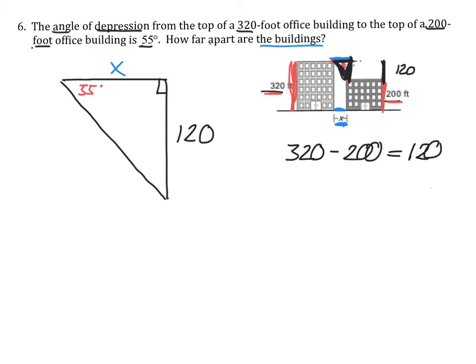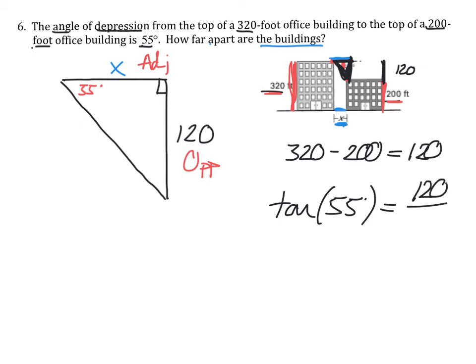Okay, so I should have enough information. I'm given the opposite side, and I'm looking for the adjacent in my right triangle. So it looks like the function I'm going to use is tangent. So we'll start with that, fill in our angle of depression, 55 degrees, and it's going to equal opposite, which is 120, over adjacent, which is x.